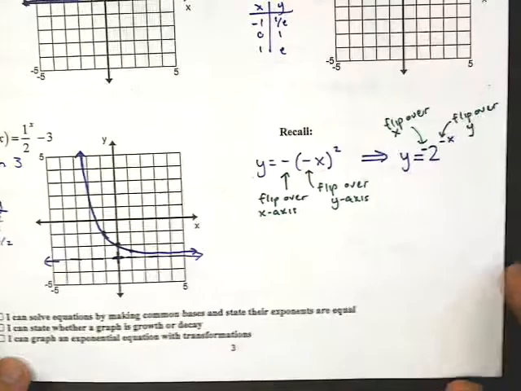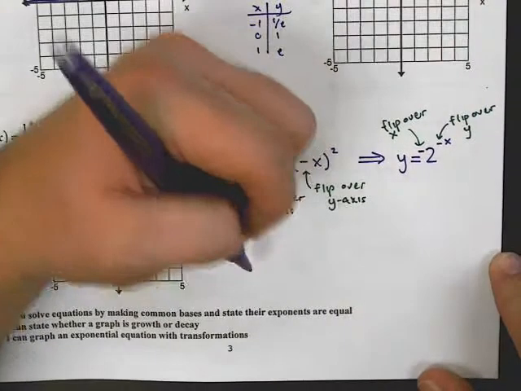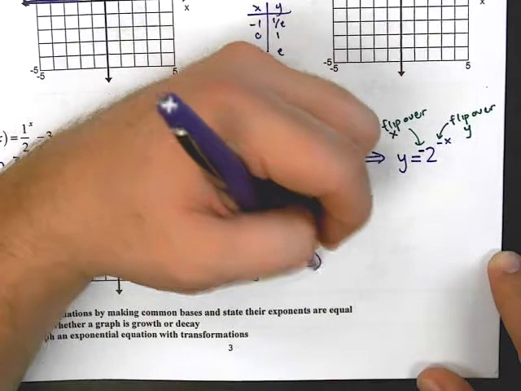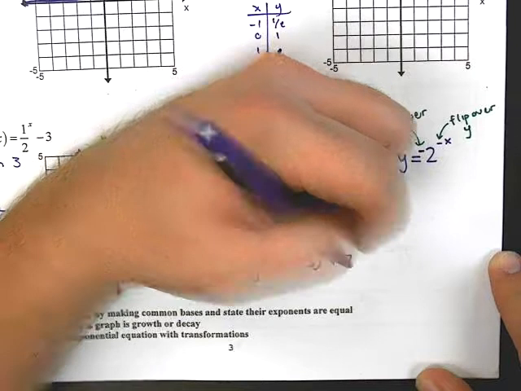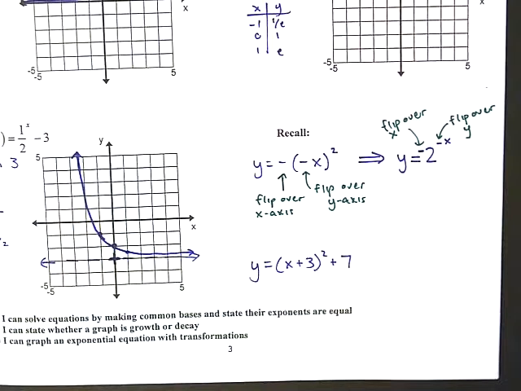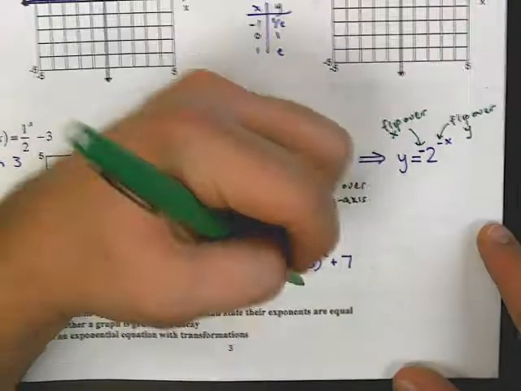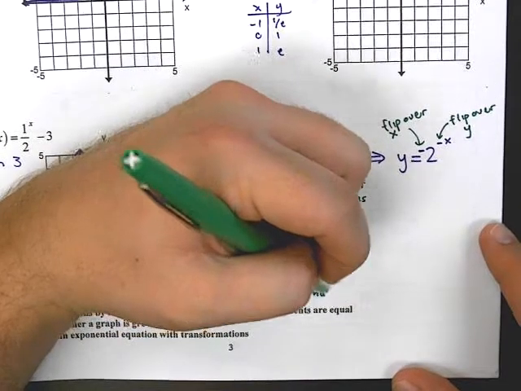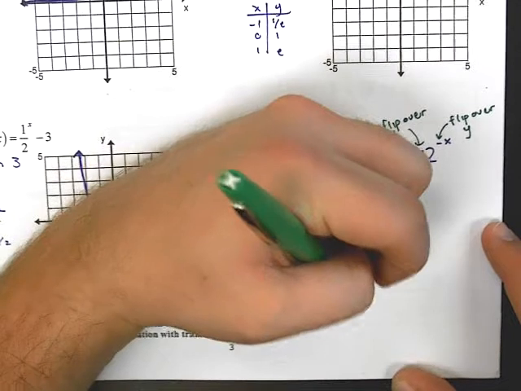Also, the same if I gave you something like this. What did we know? This is a horizontal shift. This is a vertical shift.